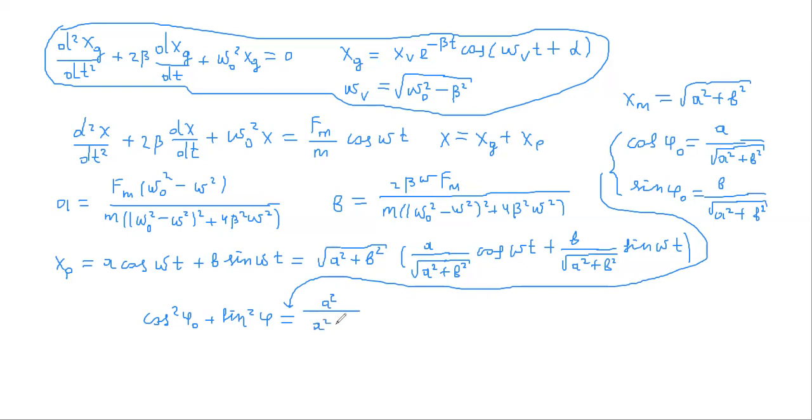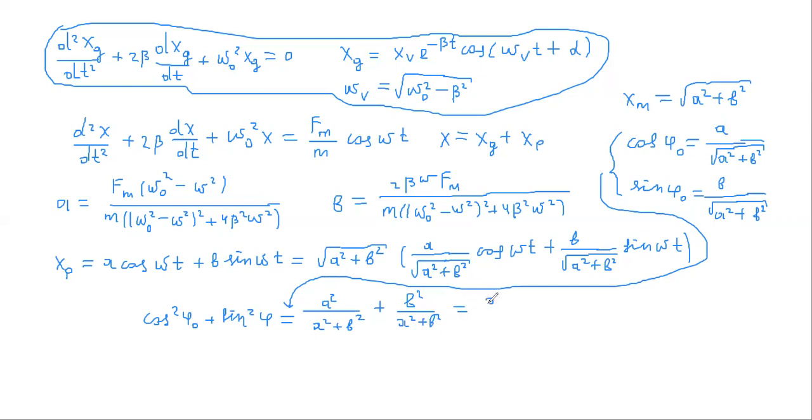A to the power of 2 plus b to the power of 2 divided by a to the power of 2 plus b to the power of 2.